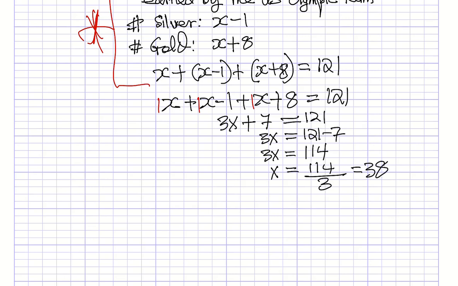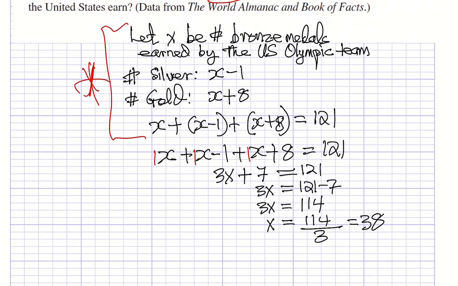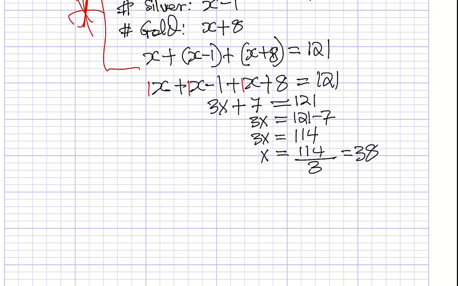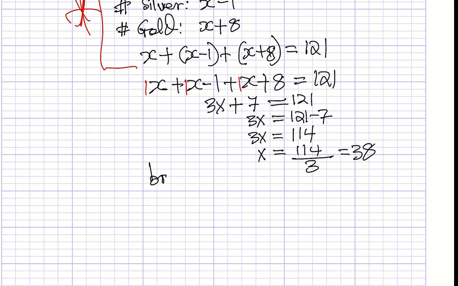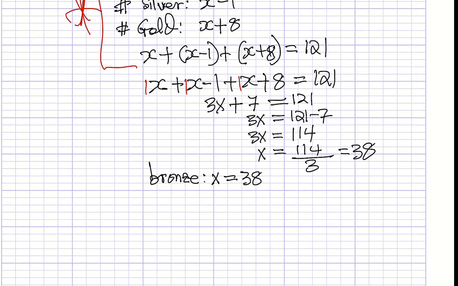So we just found the bronze medals. Bronze medal is x equals 38. And then to find silver medals, silver is x minus 1.